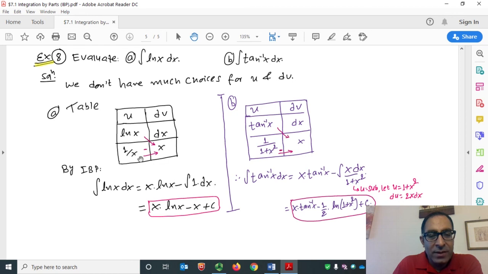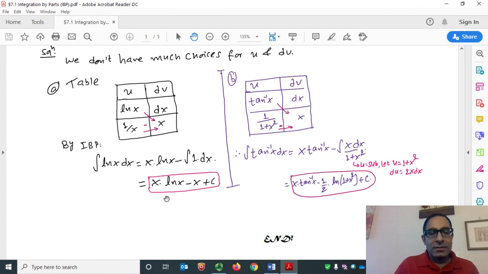Then minus, multiply straight across, that's the integral term. So the integral of x times 1 over x, cancel x, just simply 1 times dx. Then the last step, copy the first term, x times ln x, and then the integral of 1 is simply x, then plus c. C is the constant of integration. So now we know the integral of ln x is x ln x minus x plus c.